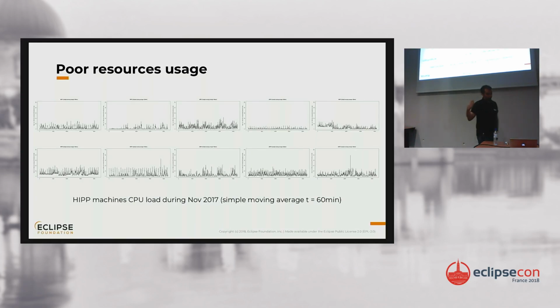To show you how we identified that the resources are very poorly used, here is the CPU load during the whole month of November on all the 10 machines. It's done with a simple moving average of 60 minutes.